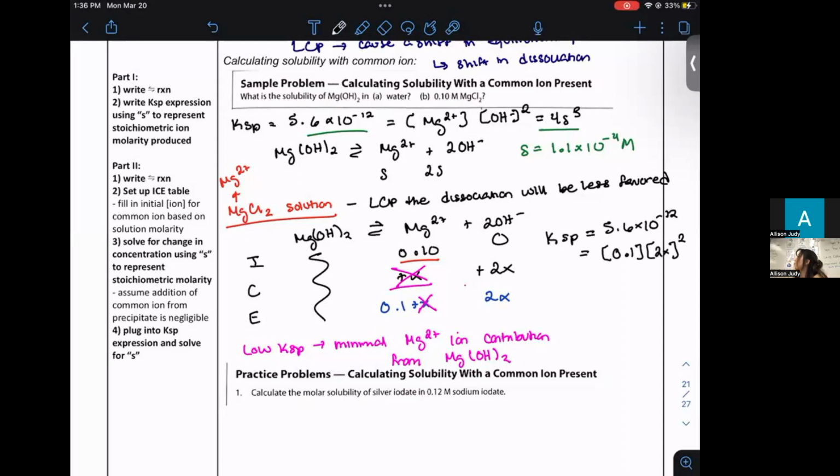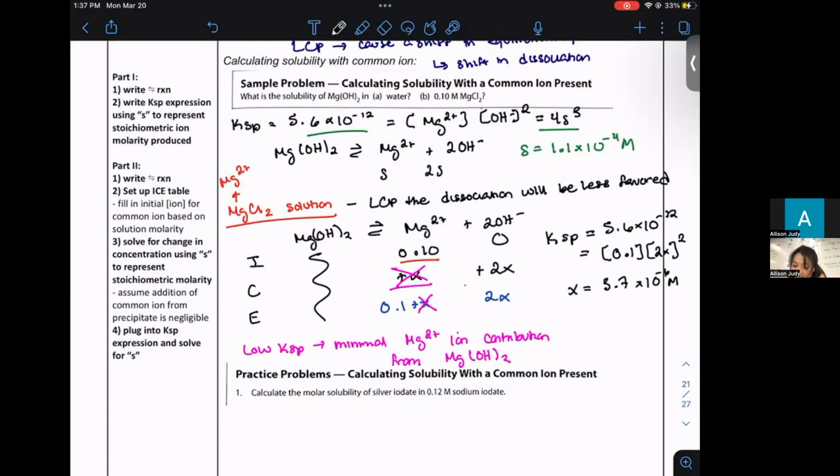So we do account for both the stoichiometry between the ions and the stoichiometry in the full reaction. And we get then that when you set this relationship equal to 5.6 times 10 to the negative 12, we get that x is equal to 3.7 times 10 to the negative 6 molarity.